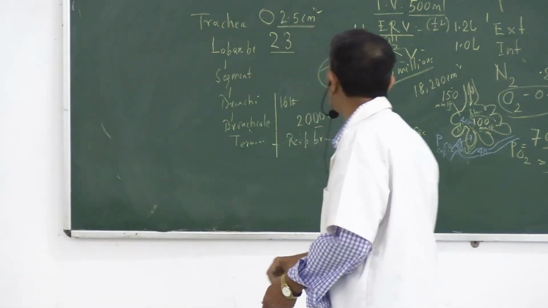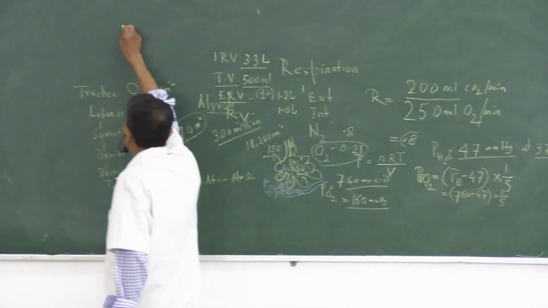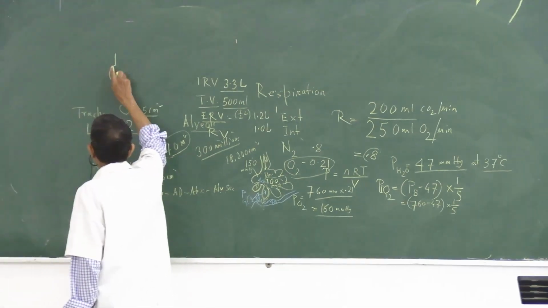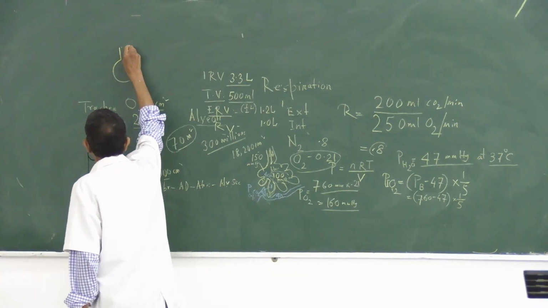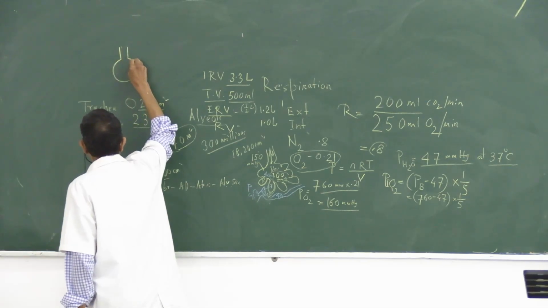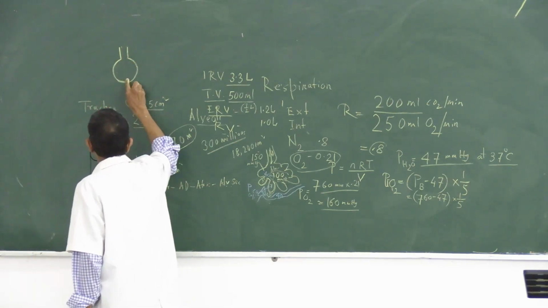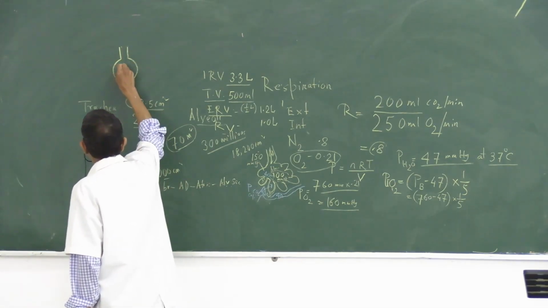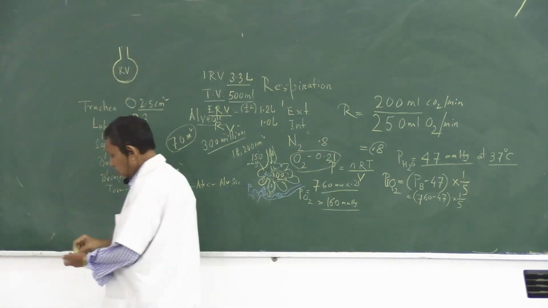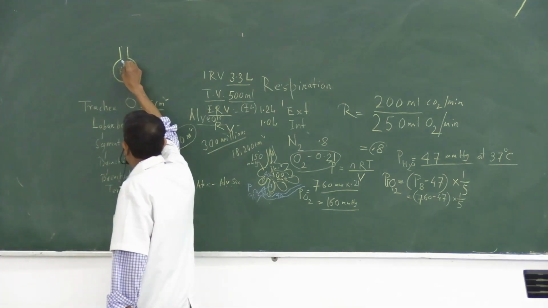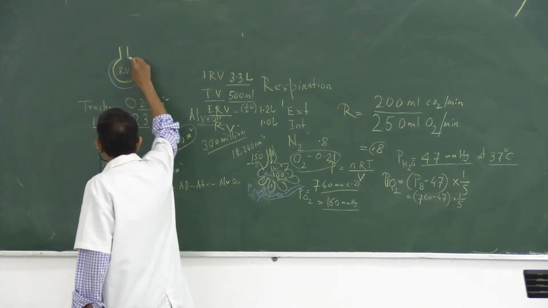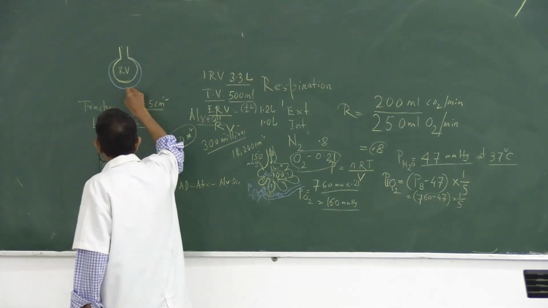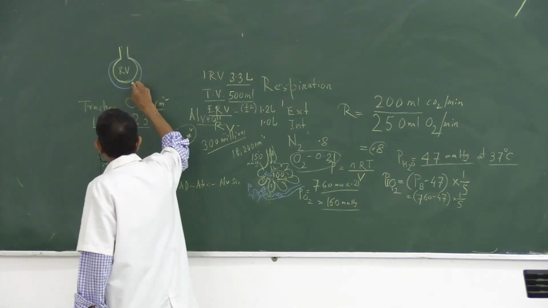So in your textbook you will find this type of figure. It is the residual volume, and this part expiratory reserve volume.